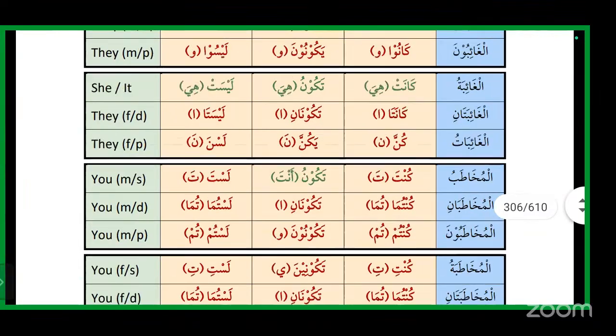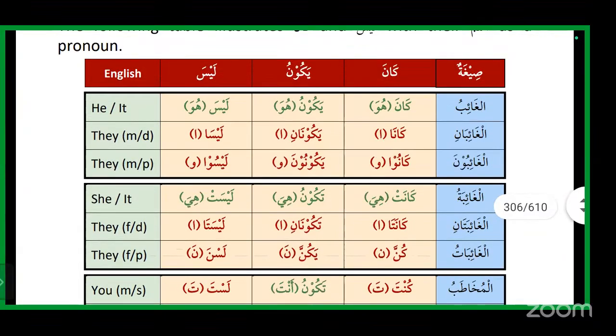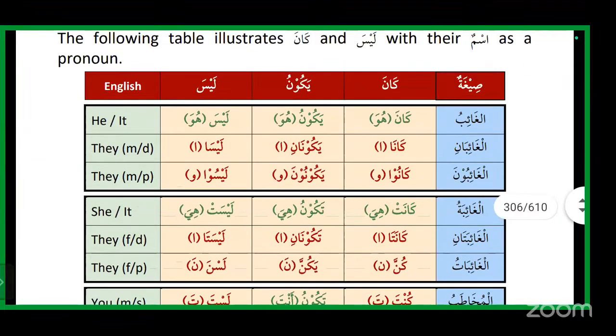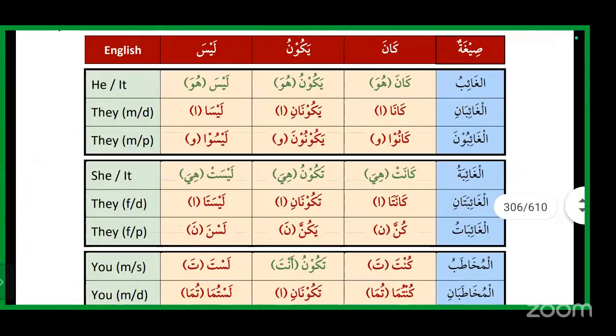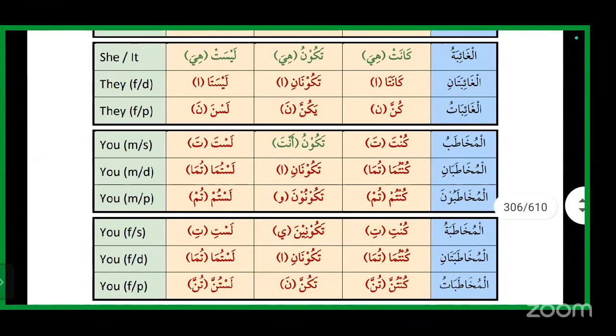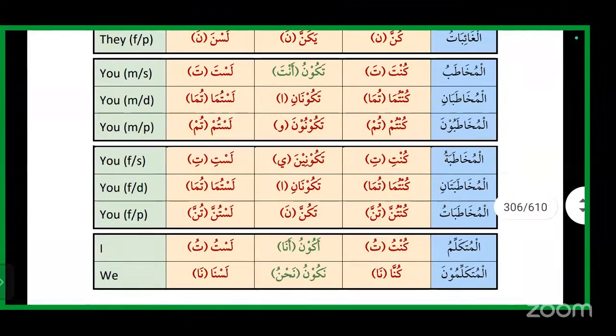For laysa, it's also like kana: laysa, laysu, and then laysat. The same way as in kana, the laysa also operates like this. But the word laysa does not have a fi'l mudari.